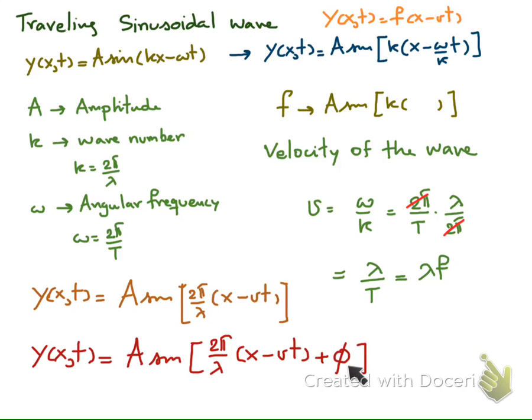This phi is a phase constant, and it has the same role as the phase constant in the oscillatory motion. It means that the value of phi will determine the displacement of the medium at time t equal to 0 at the position x equal to 0.